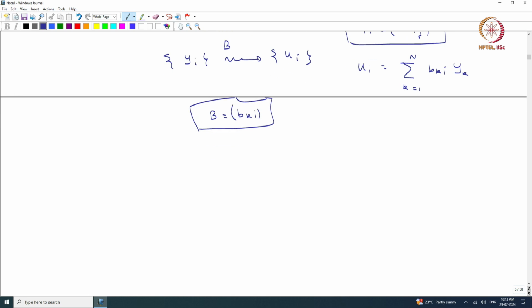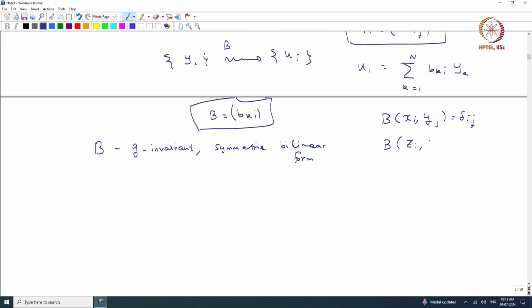We know that it is a G-invariant, symmetric and non-degenerate bilinear form. Because x_i, y_j are dual bases, we know that B of x_i, y_j is given by delta_ij. Similarly, B of z_i, u_j is also given by delta_ij.